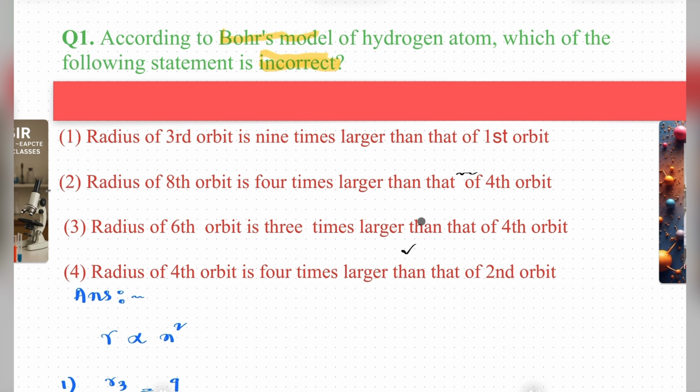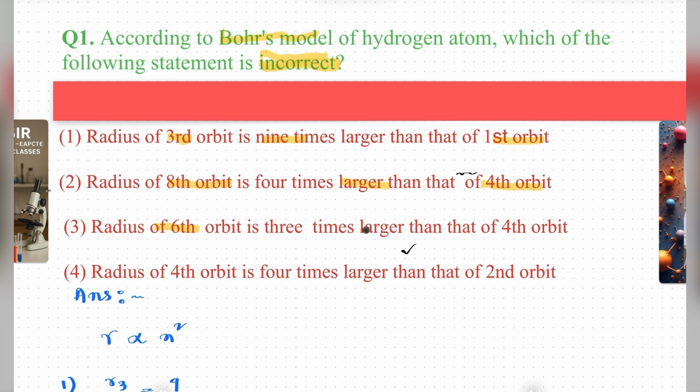See this. The radius of the third orbit is 9 times larger than that of the first orbit. Second, the eighth orbit is larger than the fourth orbit, 4 times.